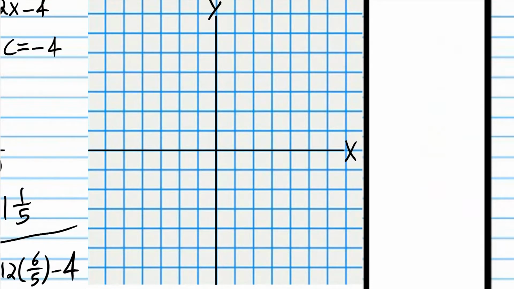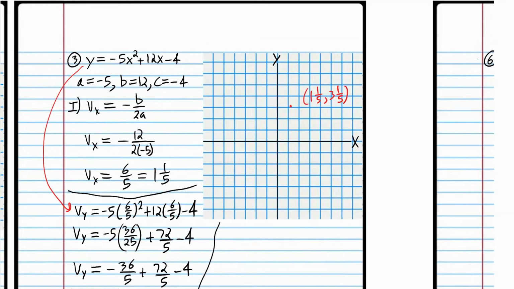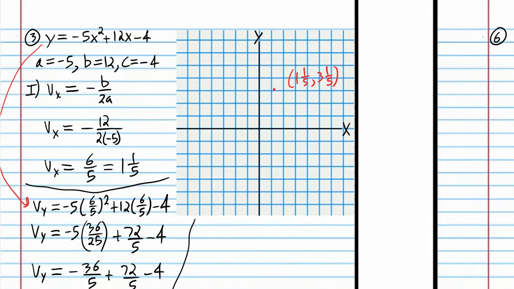So I'm going to go out 1 1/5, which would be about here, and then up 1, 2, 3 1/5, which would be about there. So 1 1/5 and 3 1/5. And now let's see, what point should we use?